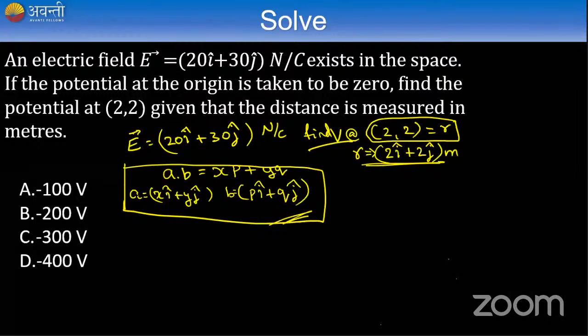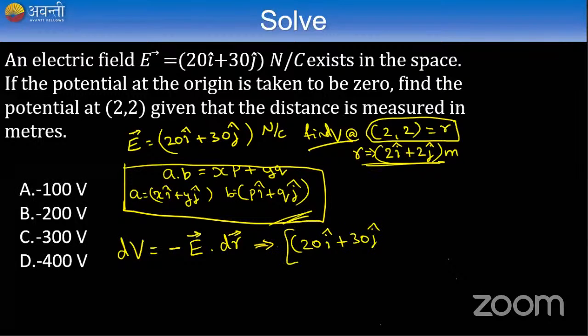Yes. So let me start solving this then. What we had to find was V. I know dV is equal to minus E dot dr. This is very simple now. So I have to take E, which is 20 i cap plus 30 j cap, whole with a minus here, dot product of 2 i cap plus 2 j cap. That's it. There is nothing much here.